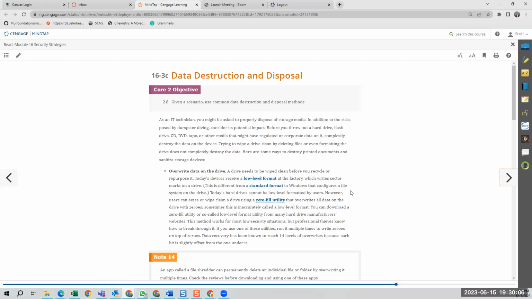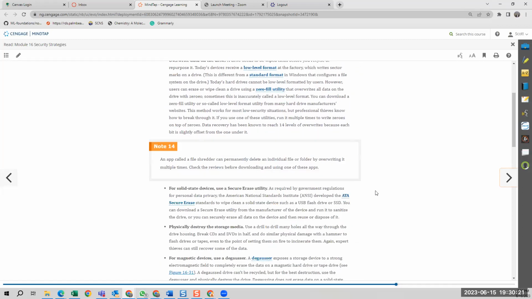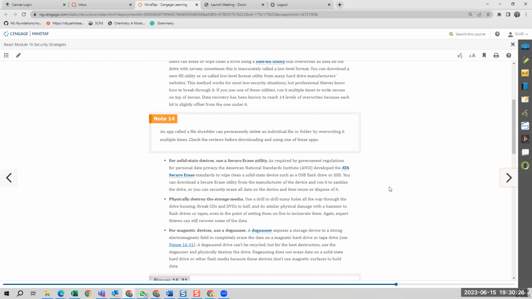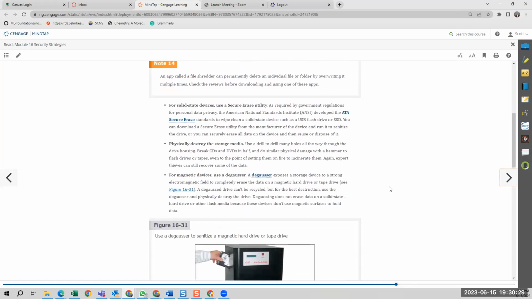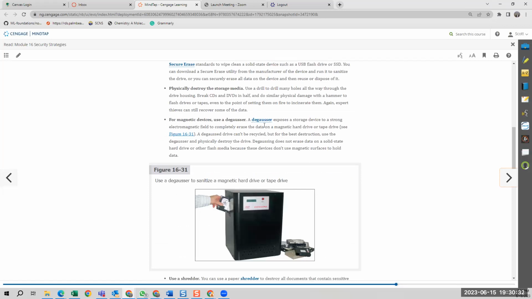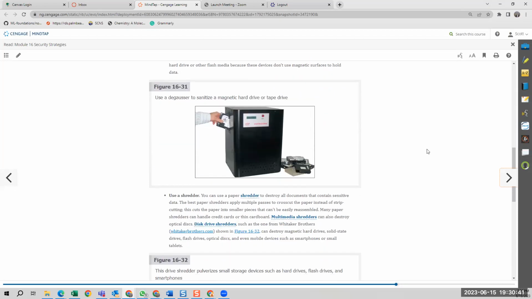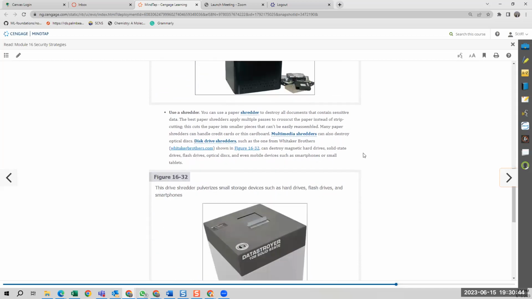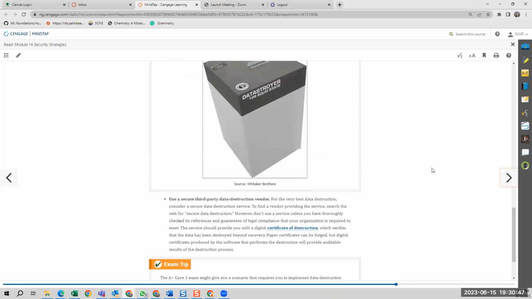There's so much that I've got to go through to make it gone and still use that hard drive, that storage device. We essentially end up trashing the drive and replacing the drive, and we've got to pay money to do that. They talk about here, we can go through and degauss it, which is just hitting it with a magnet, but it may not always work. Shredding it works.